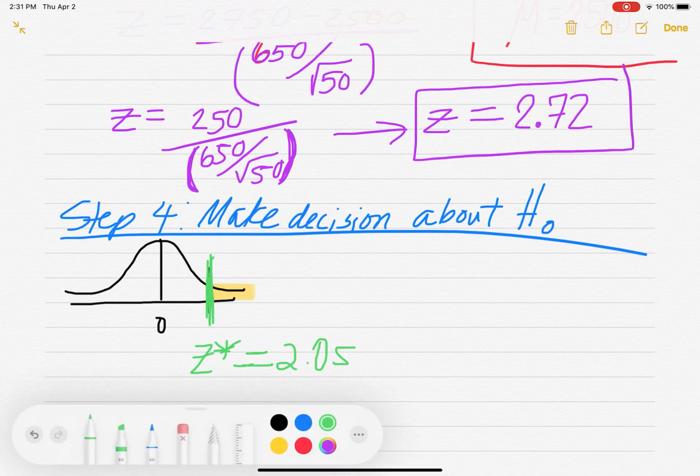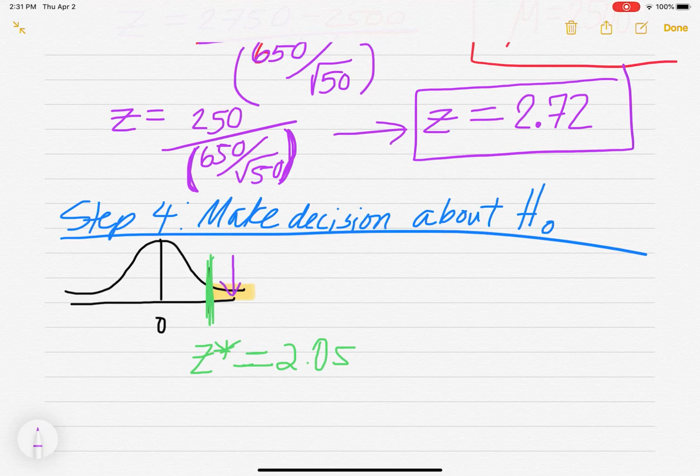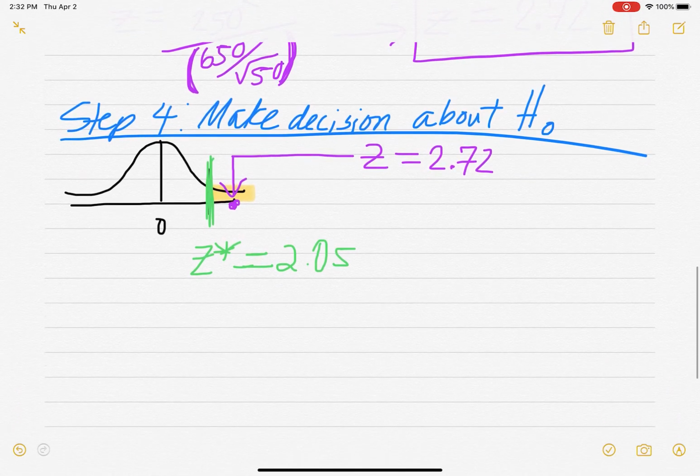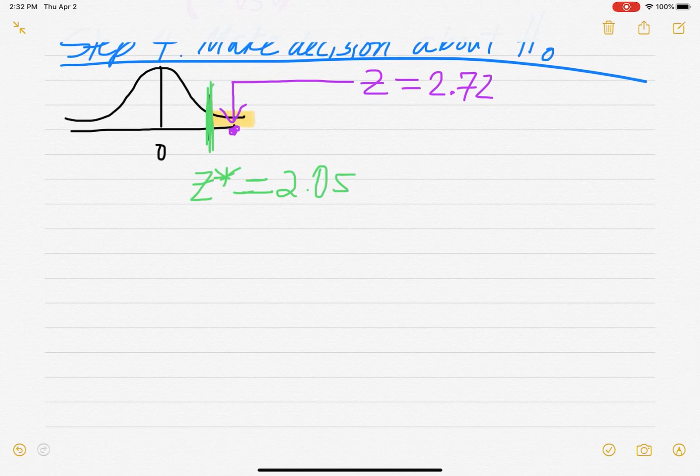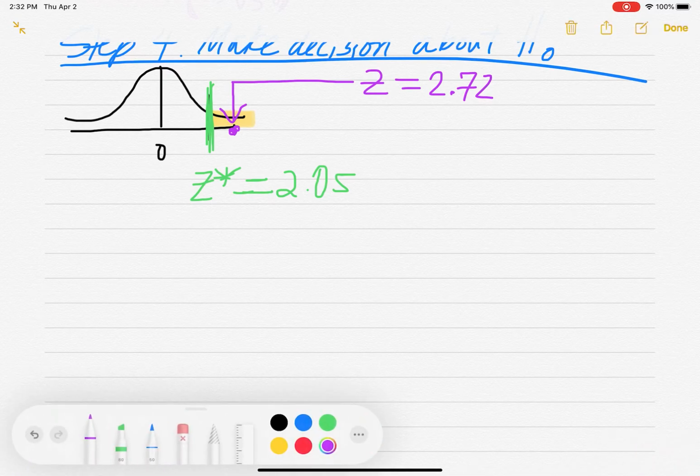That represents your sample information. That's going to fall somewhere above 2.05, somewhere here. It's to the right of your critical value. So it's in the rejection region. The rejection region is in yellow, so we're going to reject the null hypothesis because we're in the rejection region.